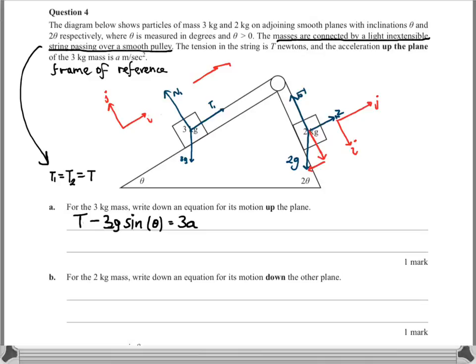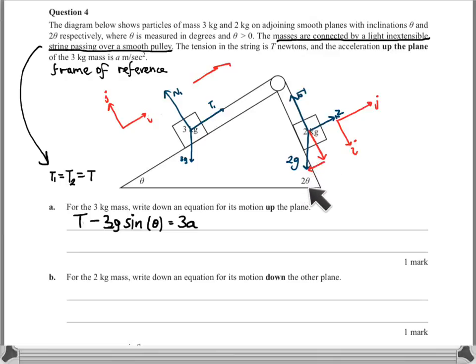Now let's focus on what's going on here. We're about to write, for part B, the equation of motion for the 2 kilogram block. I've broken the components of our 2g into one that's parallel to motion and the other one here perpendicular to motion, and we've got a geometrical construct here of a right angle triangle.